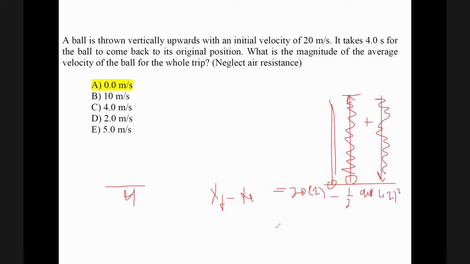Here you calculate. If someone has a calculator, 40 minus 4 times 2 also another square, it is about 20. So it's about 20 meters. So it is 20 meters up plus 20 meters down is 40. 40 divided by 4, how much? 10.